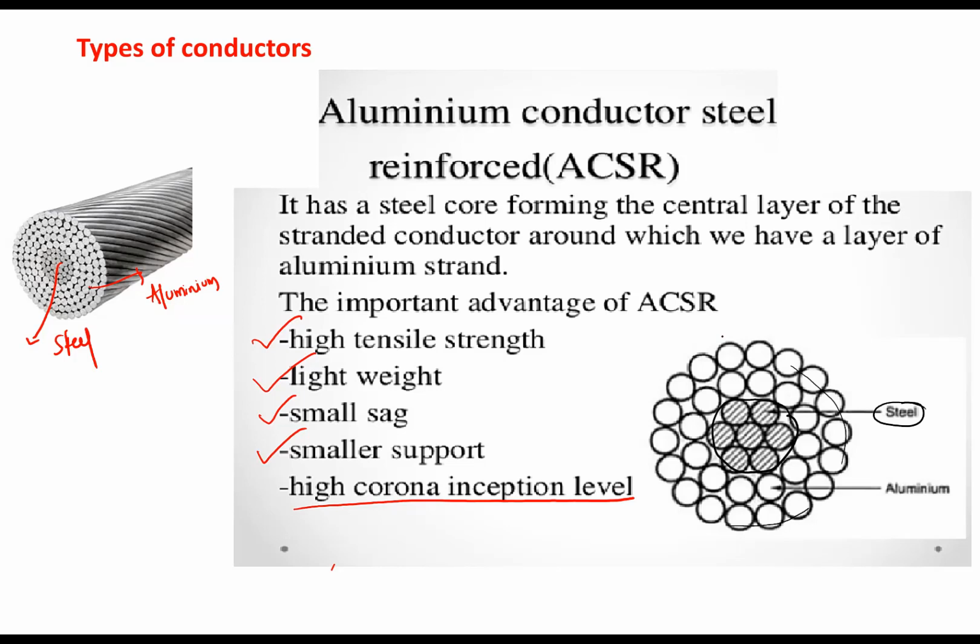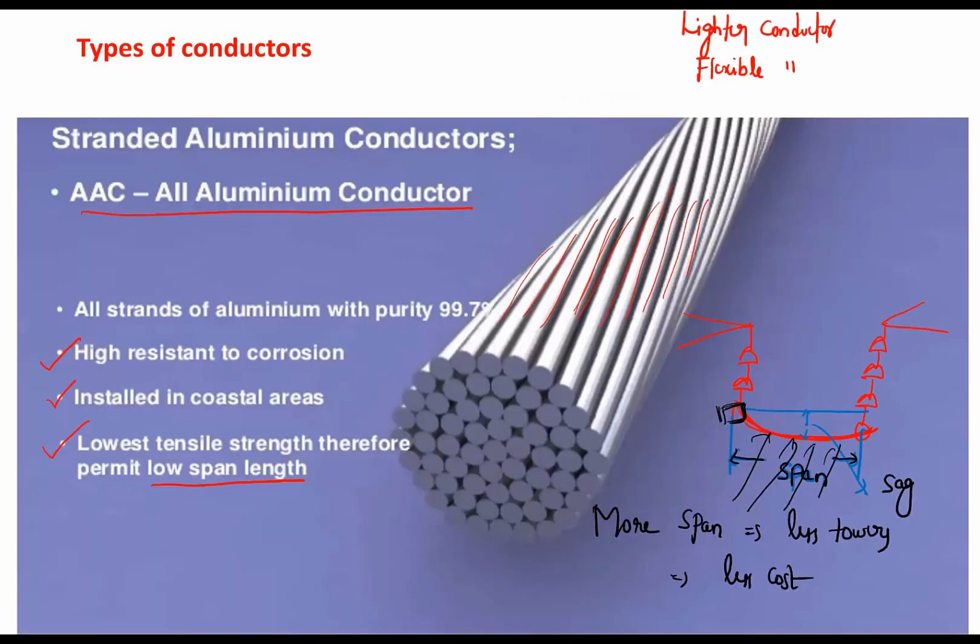one more advantage of ACSR conductor is, even if you keep all aluminum strands as in the previous case, because of skin effect, the current will not flow in the center portion. Even though all are aluminum strands only, the current in the inner strands will be very less because of skin effect. So the aluminum material used inside at the center portions of the AAC is not properly utilized.